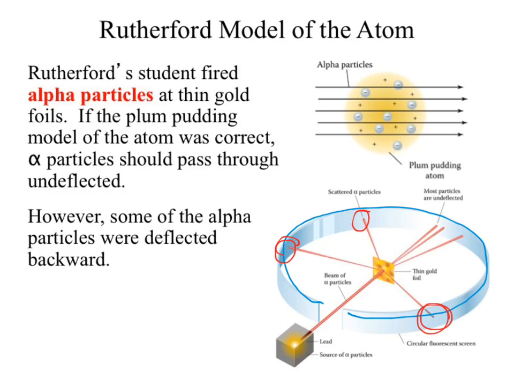If Thompson's model is true, when I fire this now massive particle at the gold foil, it should pass directly through and do nothing else. And yet some percentage of the time, he's noticing that we're getting hits completely on the opposite side of the gold foil from where it should be. What does that mean is happening in the gold foil? It's hitting something.